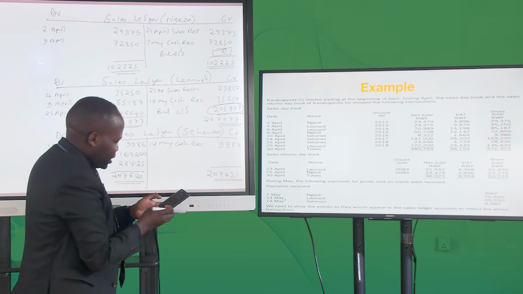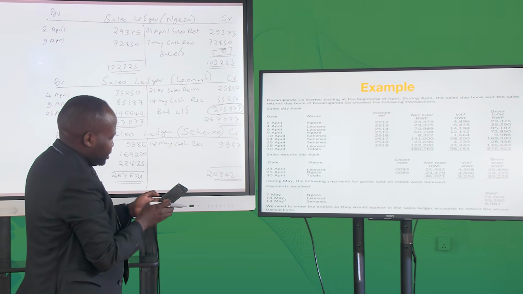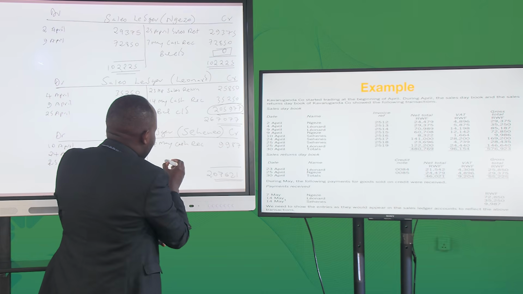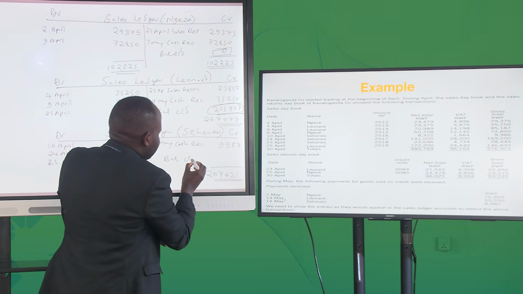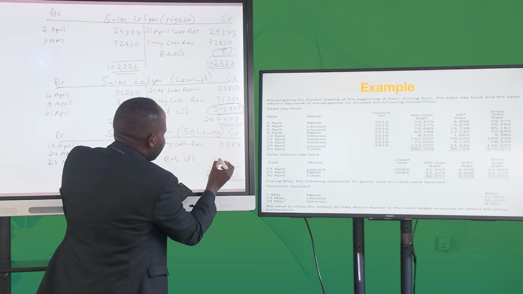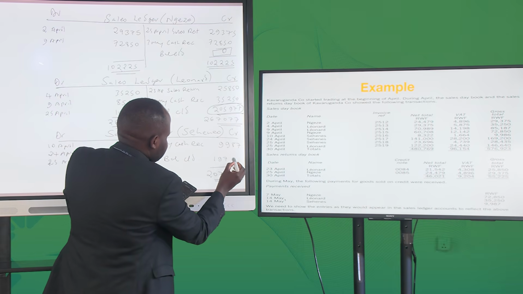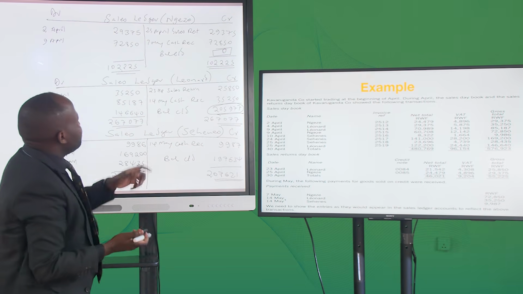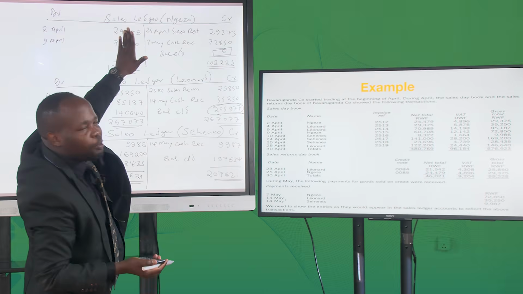You need to minus 9,987, and that gives us a balance carried down as at 30th May of 197,634. Remember, this was accounting for April and May.